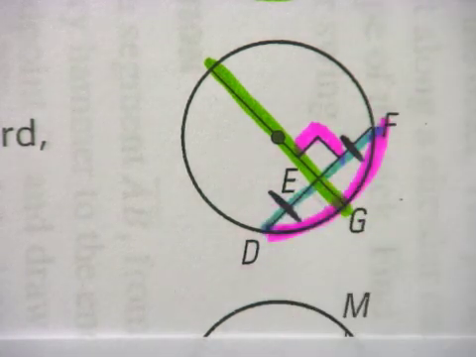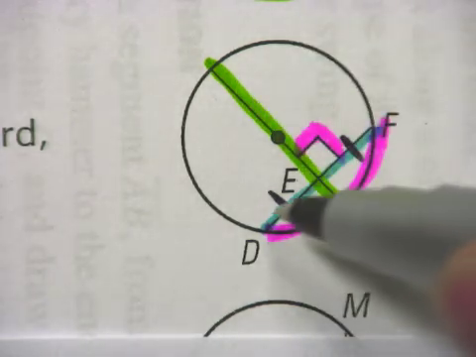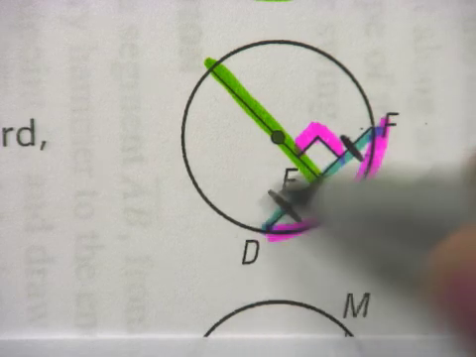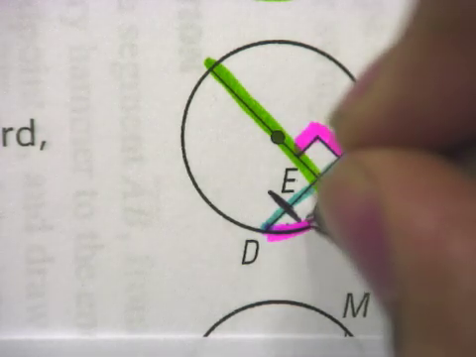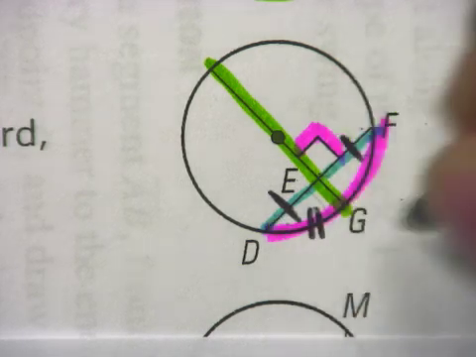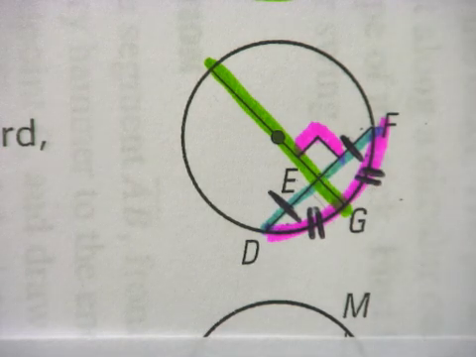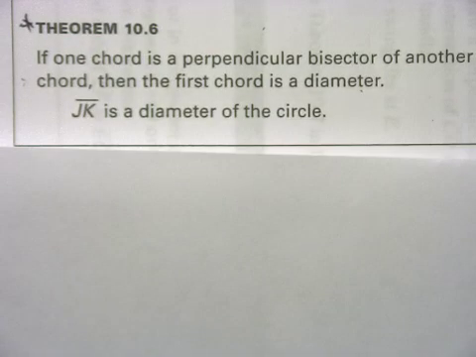This blue chord, DF, makes a minor arc DF. Since the green line is perpendicular to this chord, and the chord is being bisected, the arc made by this chord is also being bisected into two equal parts, meaning that this part of the arc, DG, is congruent to this part of the arc, GF. That is what our third rule is saying.